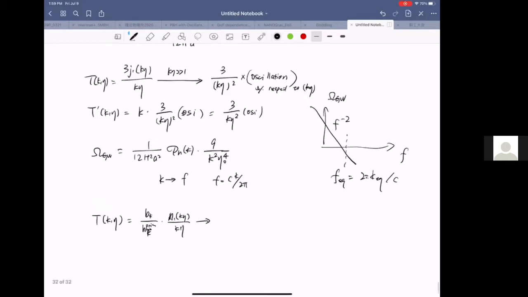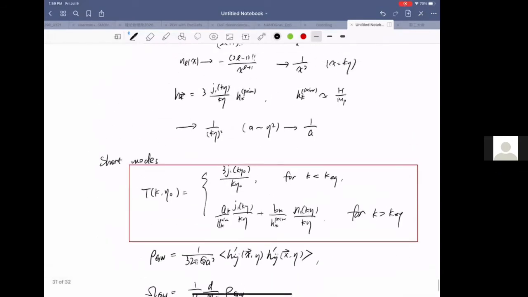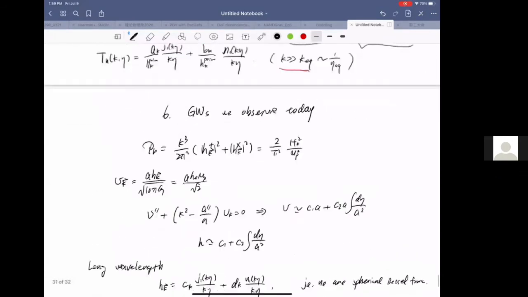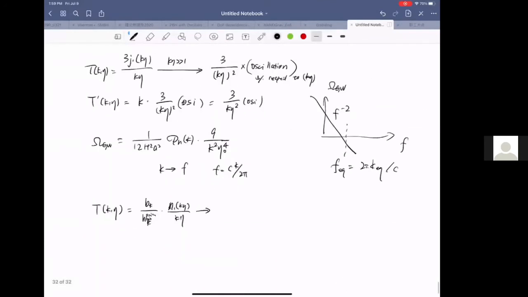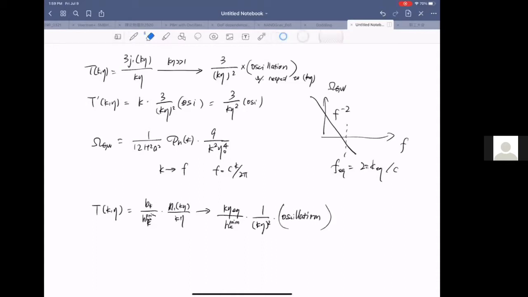So what is b_k? It's k eta_eq divided by h_k prime times some k eta squared times some oscillations. And this goes to h_k prime of k eta squared, eta equality, and oscillations.